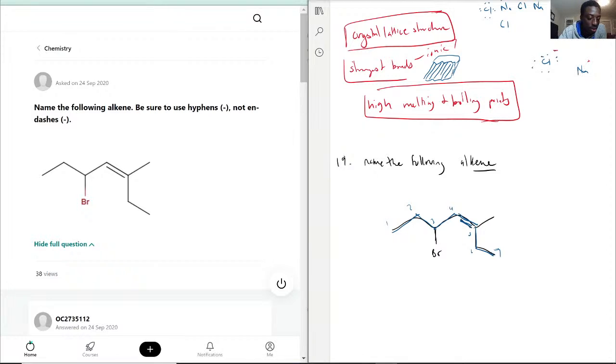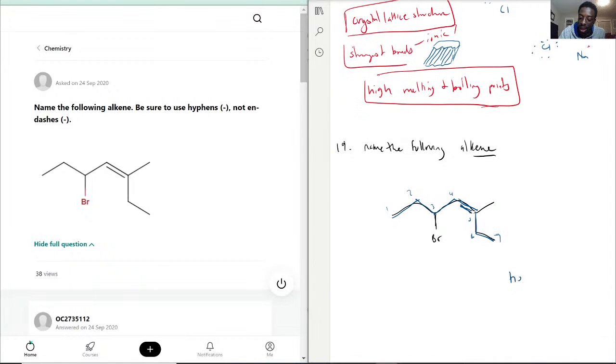Let me just count again: 1, 2, 3, 4, 5, 6, 7. Okay, perfect. So 7. Because we have 7 as our longest chain, we know that the ending would have to end in hept, because hept means 7. So at least we have that part named.